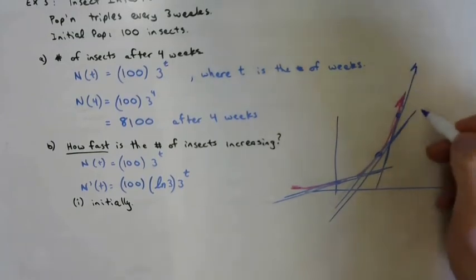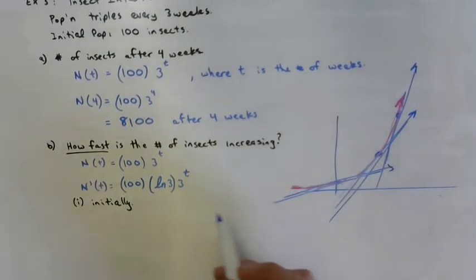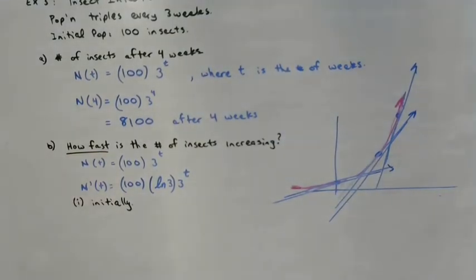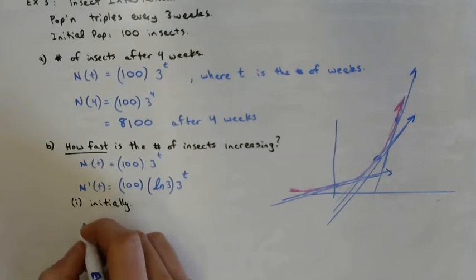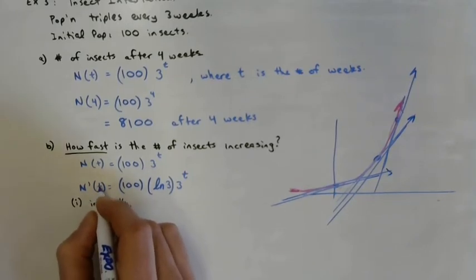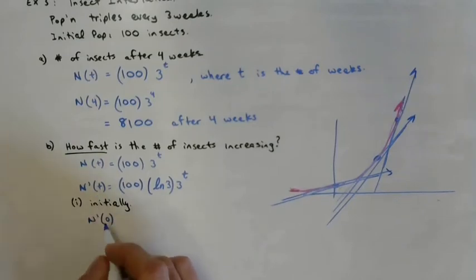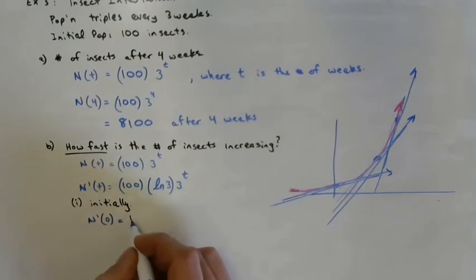The rate of change is increasing, so you can't get the rate of change of the whole situation for always, but you can get it at specific points. So we're going to get it initially at the beginning, and then we're going to get it at our 4-week point that we've already talked about a little bit. So the rate of change initially, right at the beginning of this study, is when time is 0, when no weeks have passed.